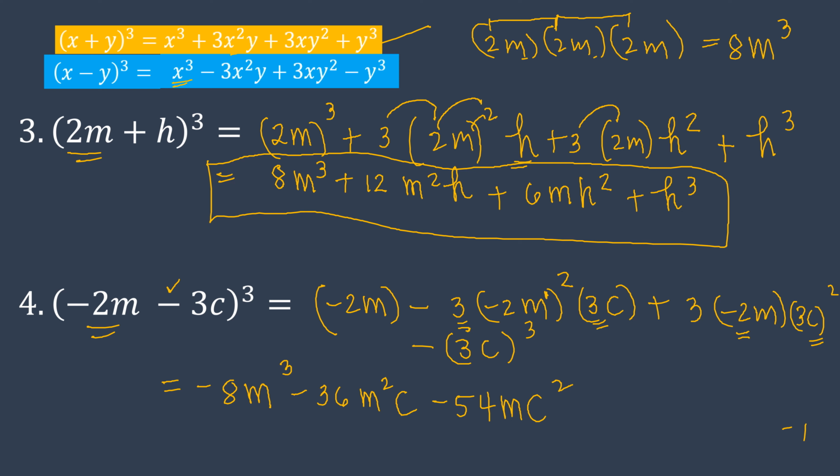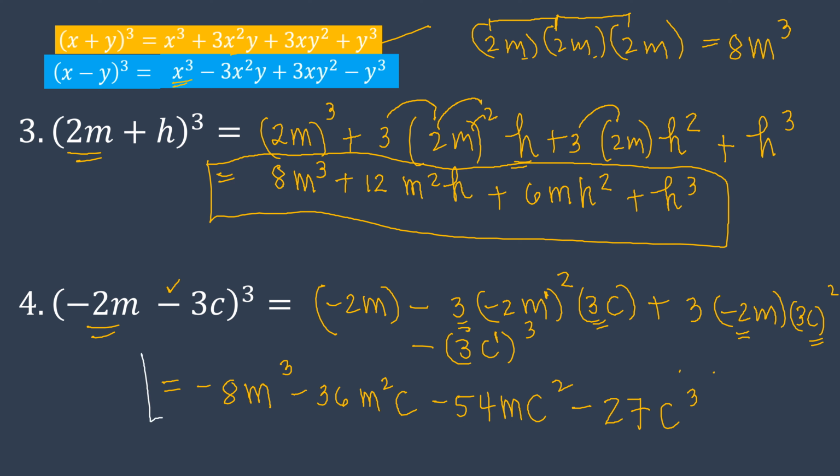So in this case, we have to have a minus, then 3 cubed. This means 3 times 3 times 3. Thus, it will give us 27. And since there is a 1 understood, so that will be c cubed. So therefore, this is already the final product in number 4.